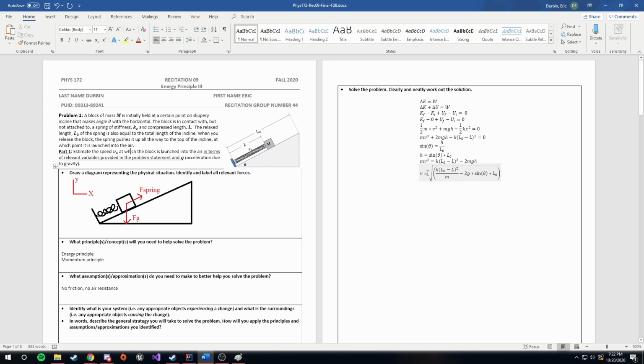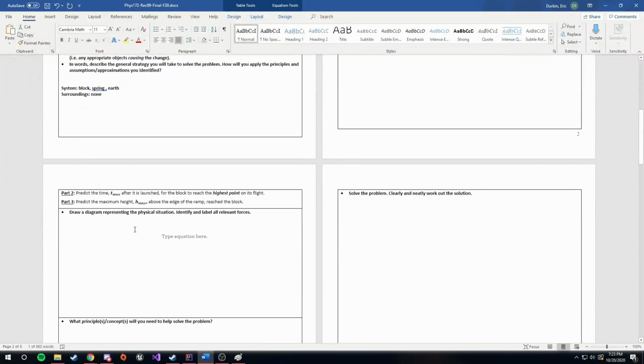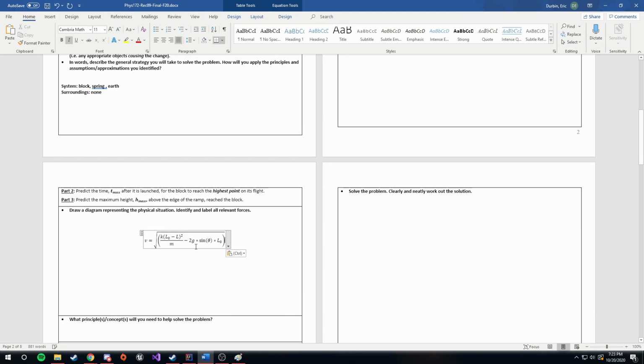So we need to break this up into two components, a y component and an x component. And this is where we're going to use theta, because it's currently launched at theta angle. And so you can turn that into a vector pretty easily, just doing sine and cosine. I'm glad you know how to do that.